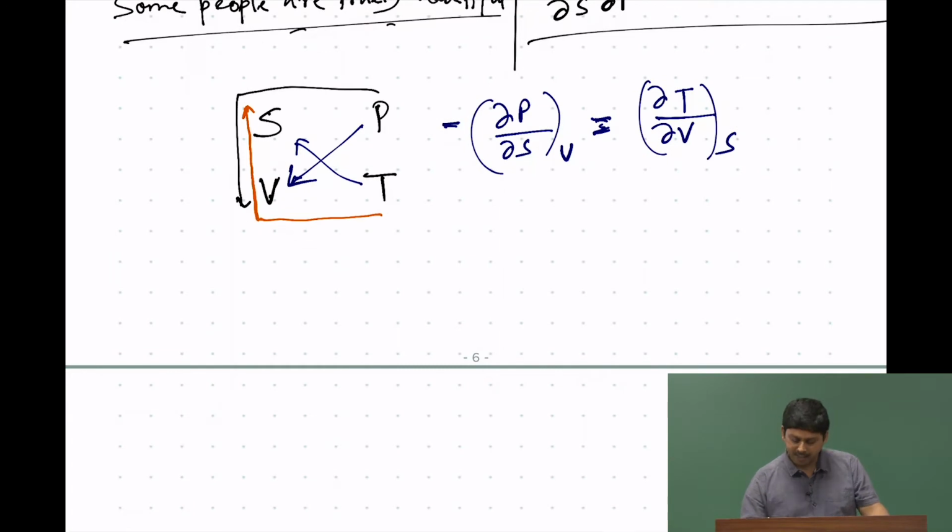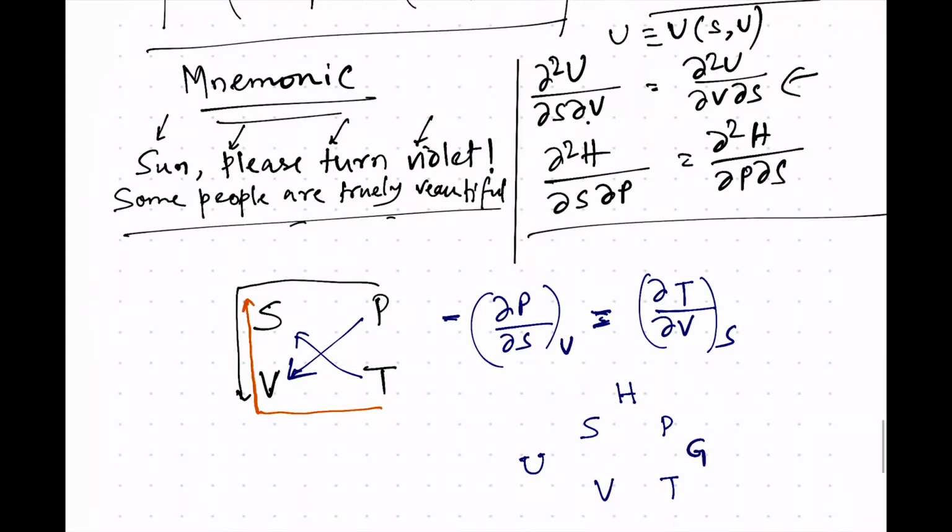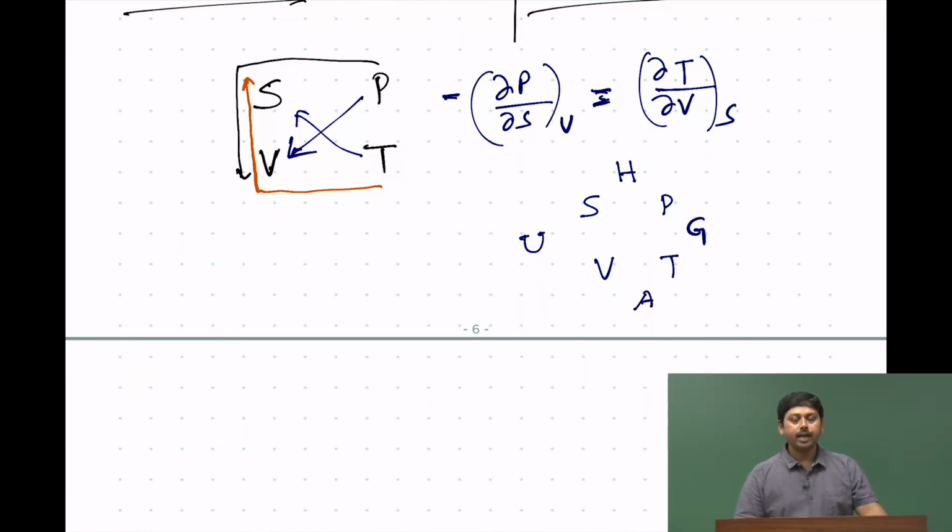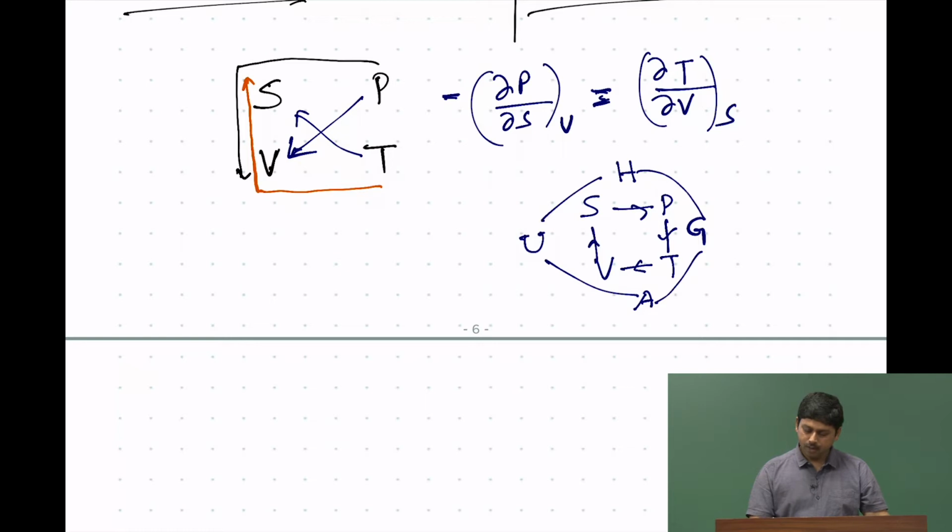The reason that you have to write SPTV is because if you write SPTV, your internal energy U depends on S and V, your enthalpy depends on S and P, your Gibbs free energy depends on P and T, and your Helmholtz free energy depends on V and T. So, that is the reason you need to write this SPTV, because these are the thermodynamic potentials that are governing these 4.